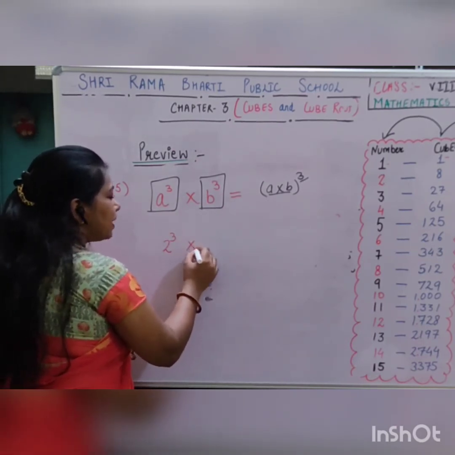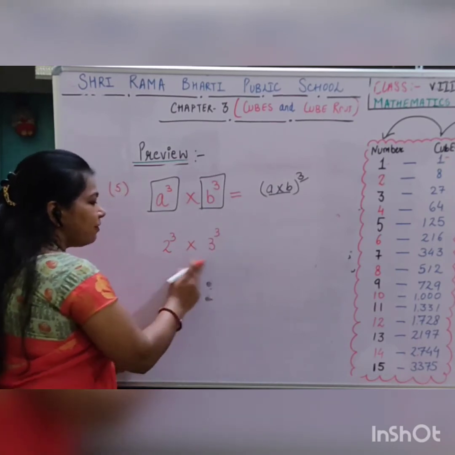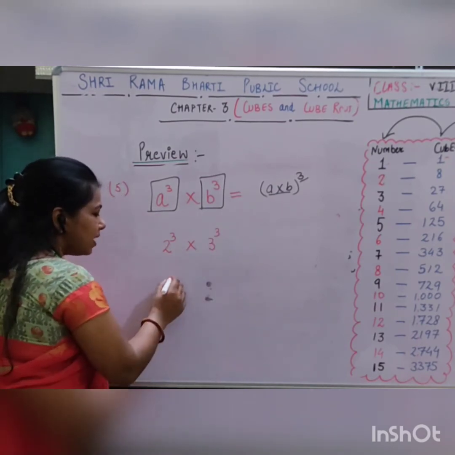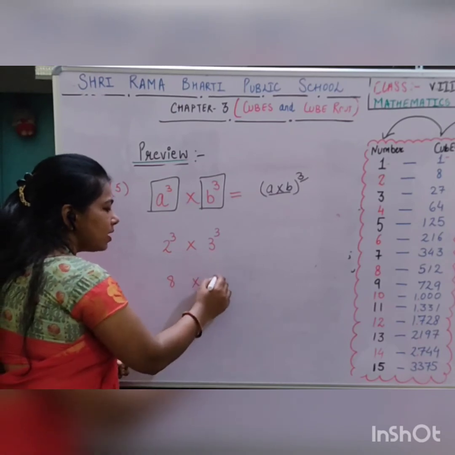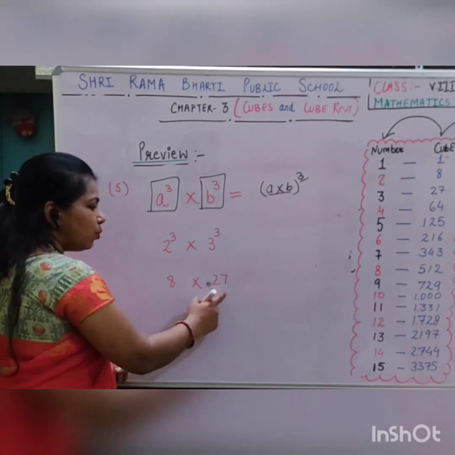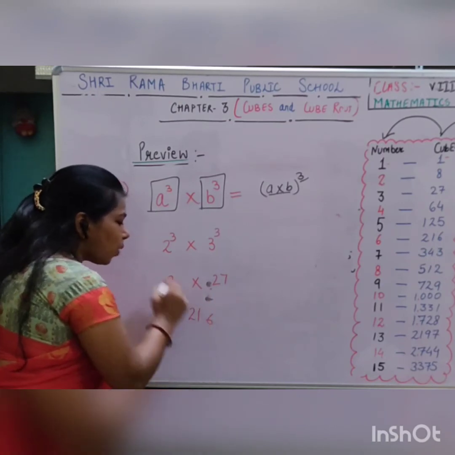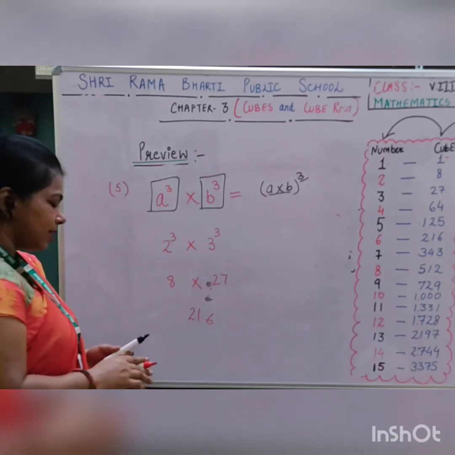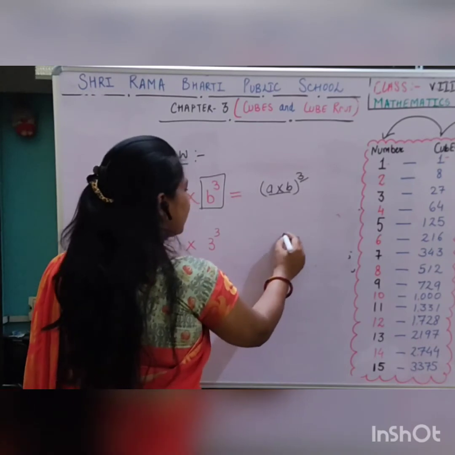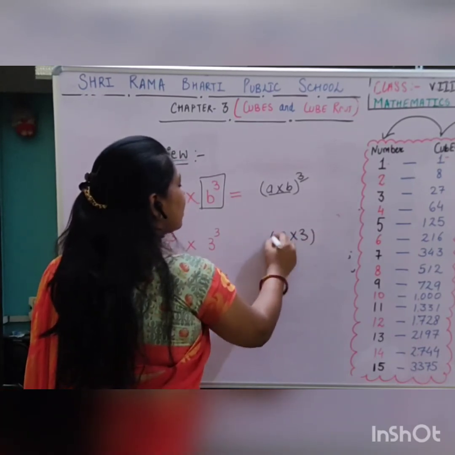Let's take an example. 2 cube multiplied by 3 cube. If I solve it, what will it be? It will be 8 and 27. And what will it give us? It will give us 216. Right? Now if I do it here, 2 multiplied by 3 cube.